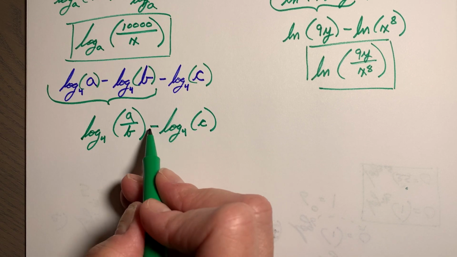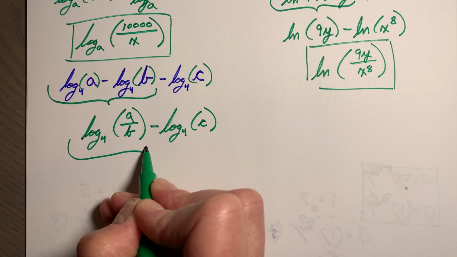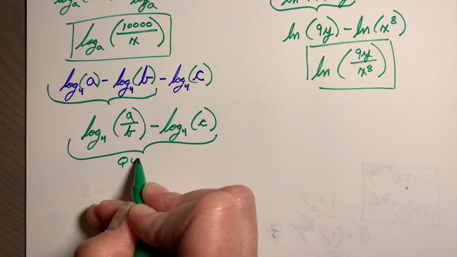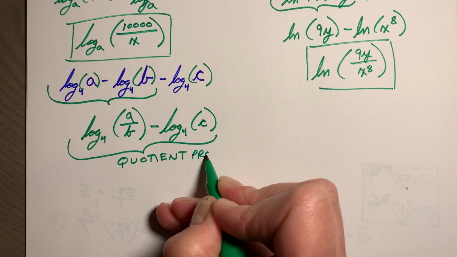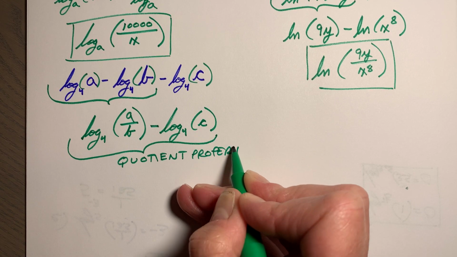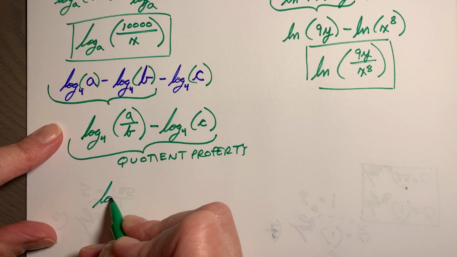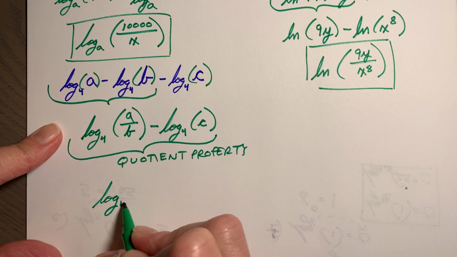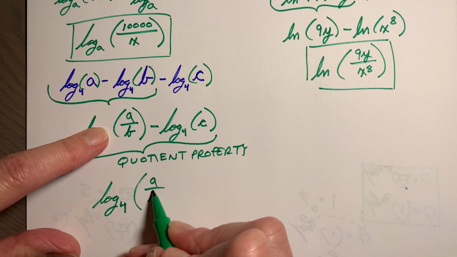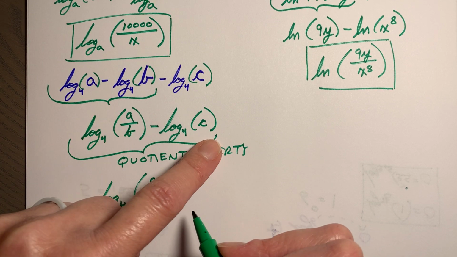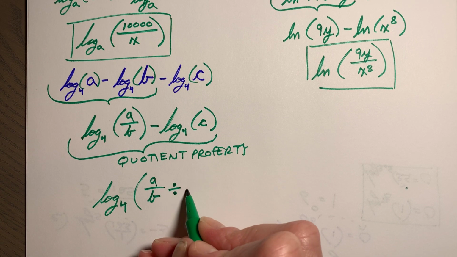And now we are going to do the quotient property again. Right? Now this is where it gets a little tricky. Okay, we're going to use the quotient property again. Okay. So I can write this as a single log base 4. And then we're going to have a over b divided by c. Now, I'm going to write this horizontally just because of the fraction that we have anyway.